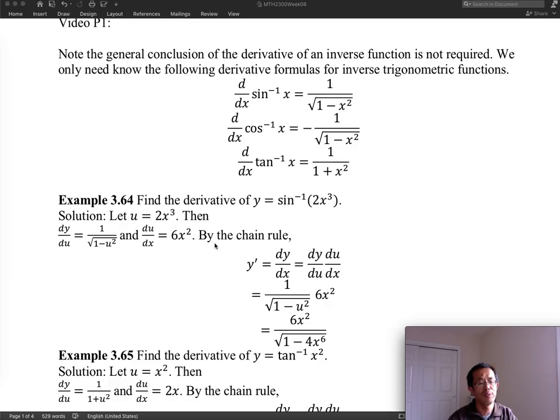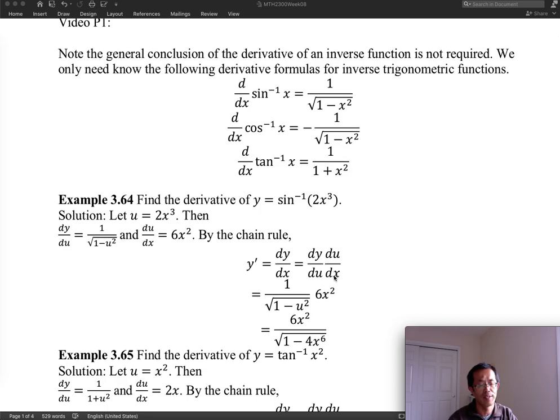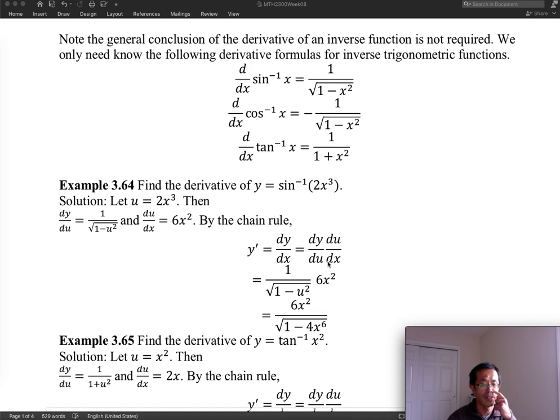And then according to the arrangement of the chain rule, dy/dx can always be found as dy/du times du/dx. And again, one more time, this comment is only to help remember the formula, nothing about cancellation.